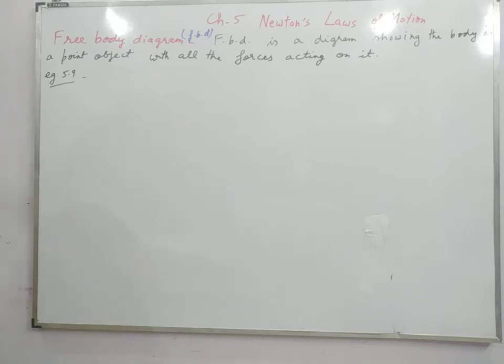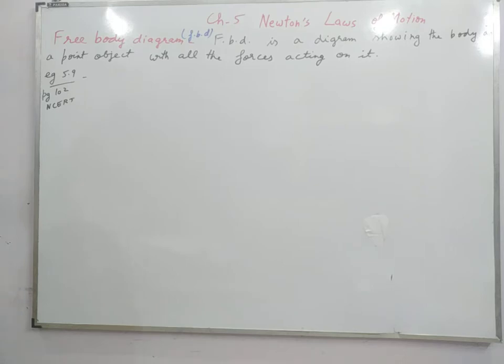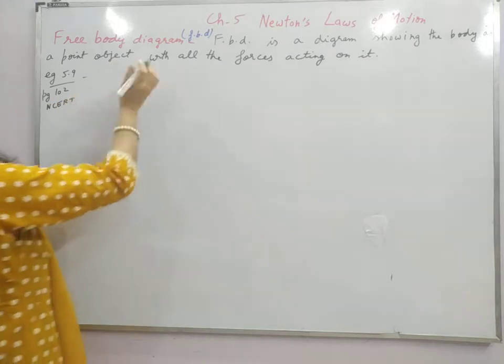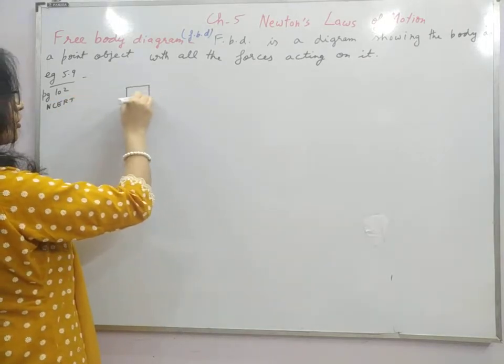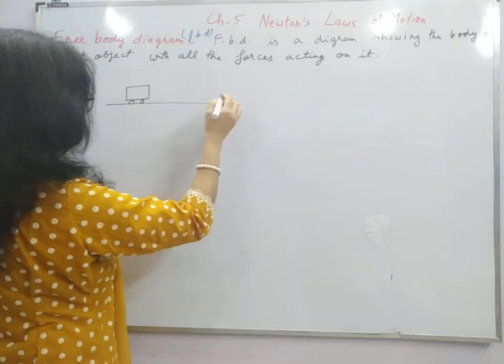It's given on page 102, NCERT. What does it say, beta? It says that what is the acceleration of the block and trolley system shown in the figure. So you are given this system. This is the trolley, okay, and this is on the surface.